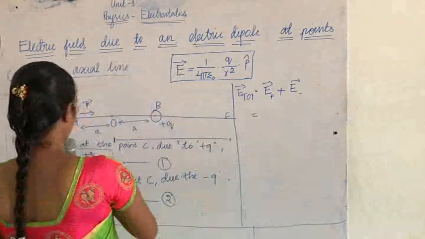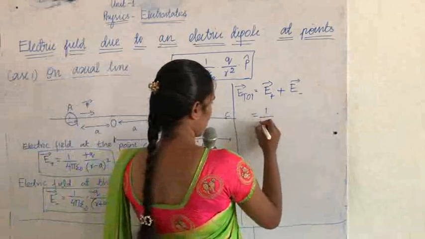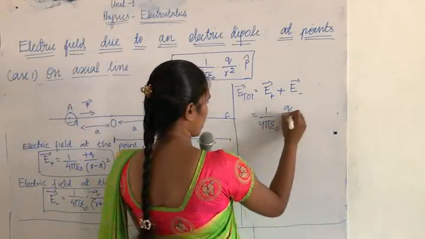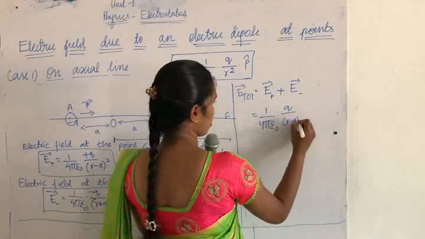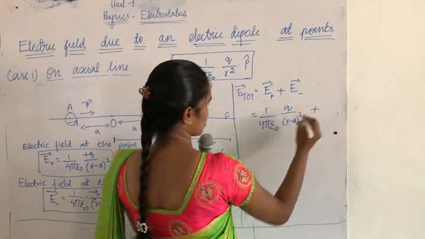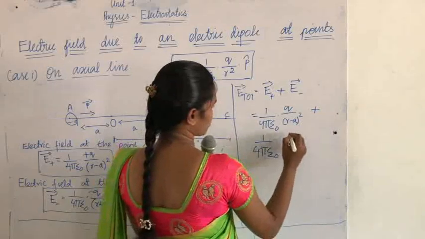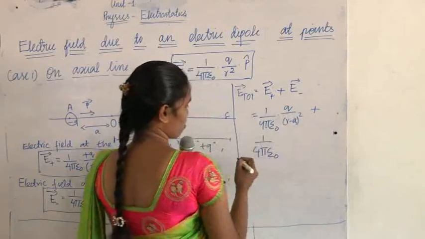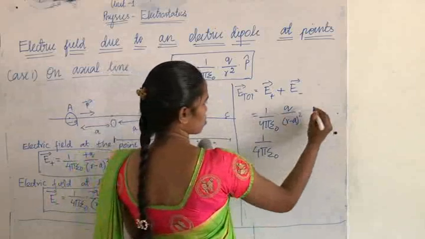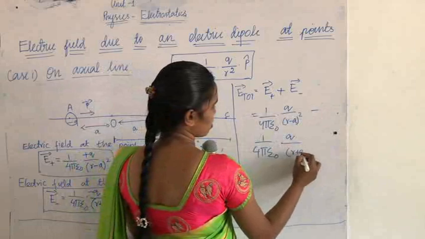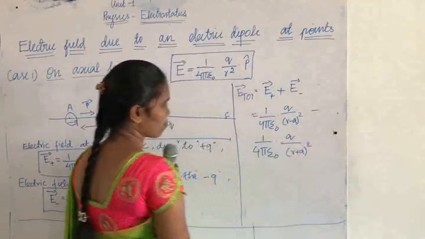What is E total? 1 by 4 pi epsilon 0 q by r minus a the whole square plus 1 by 4 pi epsilon 0, here minus q, so this goes to minus, minus q by r plus a the whole square.